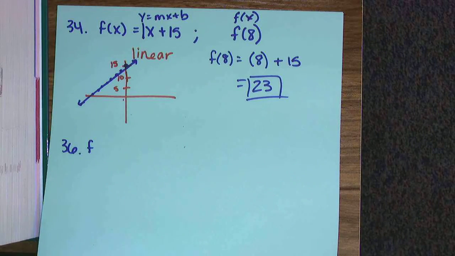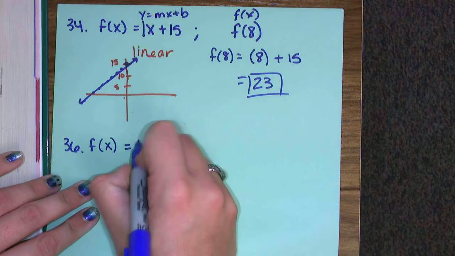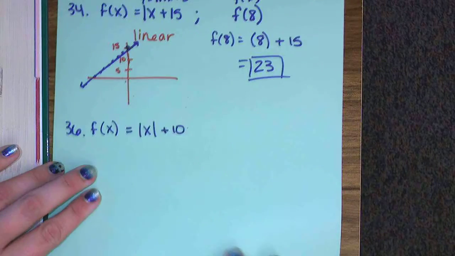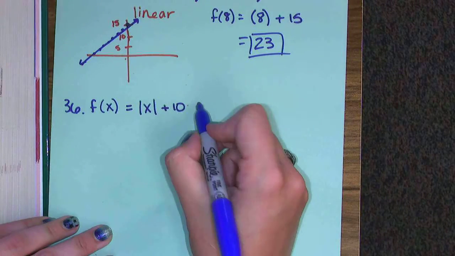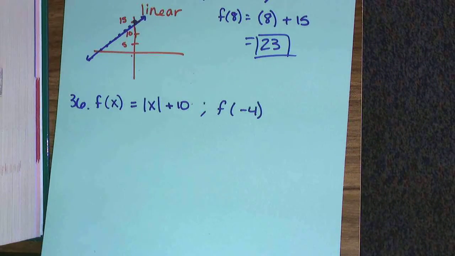All right. Number 36: f of x is equal to the absolute value of x plus 10. What does an absolute value graph look like? It has 2 lines, so what does that mean?